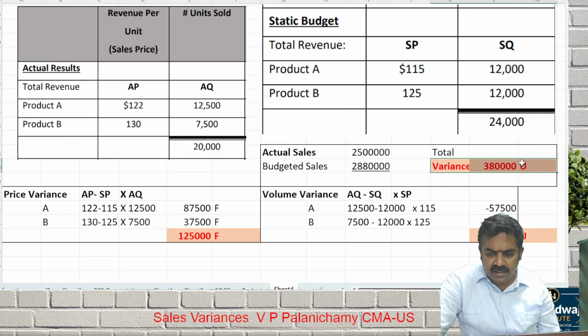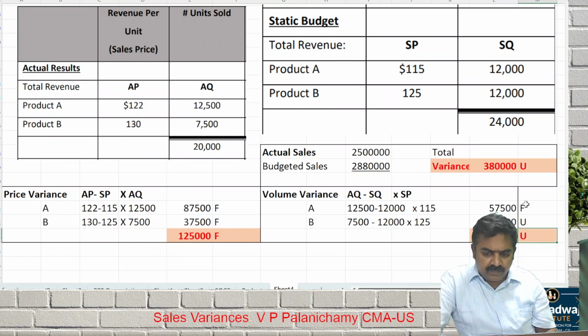That's why the total variance is unfavorable. Volume variance is 6,20,000 unfavorable. Price variance is 1,25,000 favorable. Net, are you getting it? This is favorable, this is unfavorable. Total of 5,05,000 unfavorable. This is 1,25,000 favorable. Net 3,80,000 unfavorable. Correct.